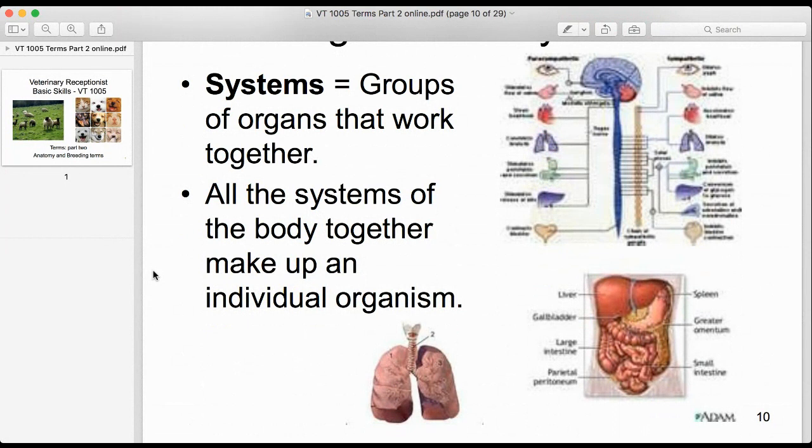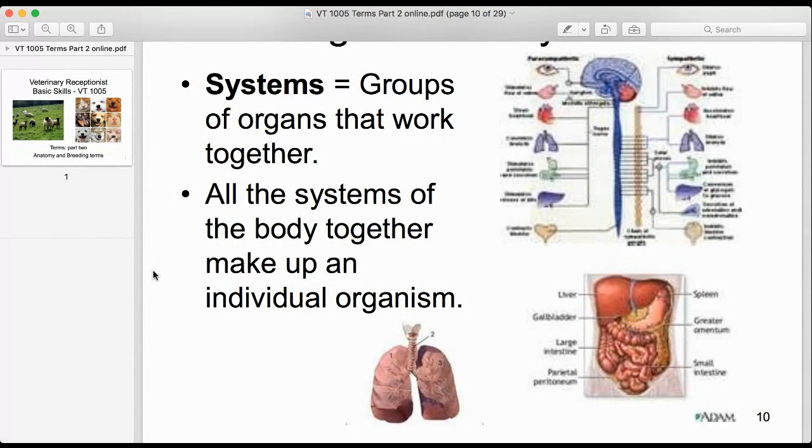Off to the bottom right-hand side, you have the gastrointestinal system with the liver, the gallbladder, the large intestine, the parietal peritoneum, the small intestine. We have a greater omentum and a spleen.